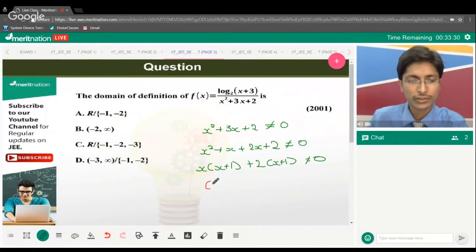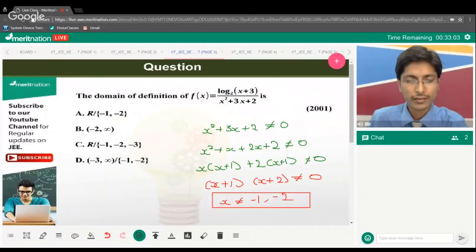So basically x plus 1 and x plus 2 should not be equal to 0. Now how is this possible? When x is not equals to -1 and x is not equals to -2. So basically, two of the values are removed. X is not equals to -1 and x is not equals to -2.